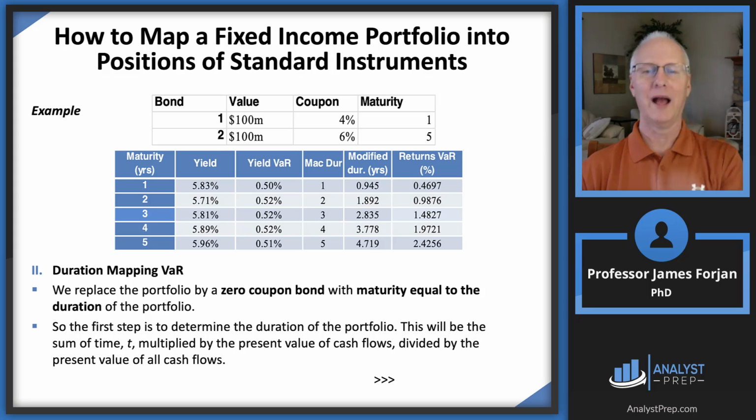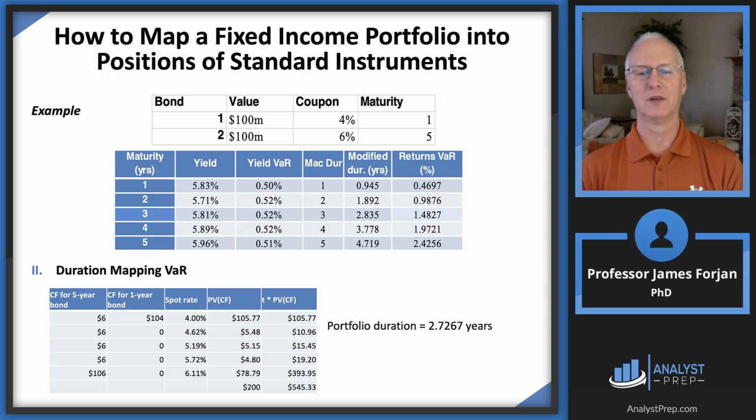Now, if you go back to the chapter, it took me a couple of times to read it to try to figure out what the author was trying to pull off, but it does work mathematically. I think it's a little bit easier if you just do this. First thing you do is calculate the duration of the portfolio. So this goes back to your very first investments class.